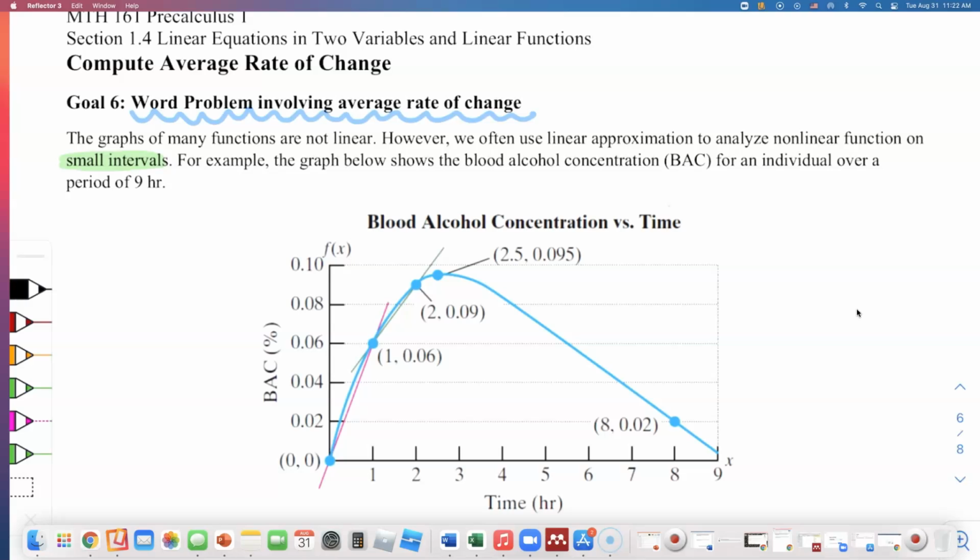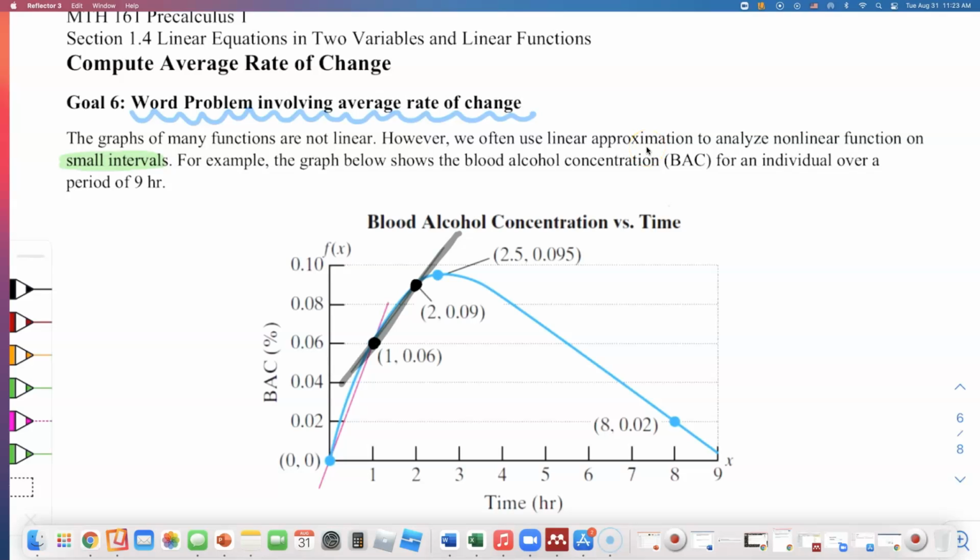For example, I can look at the time between 1 hour and 2 hours, and the line that I can sketch through these 2 points, look, that line is very close to the actual curve, right? So in a small interval, we can use something called linear approximation.